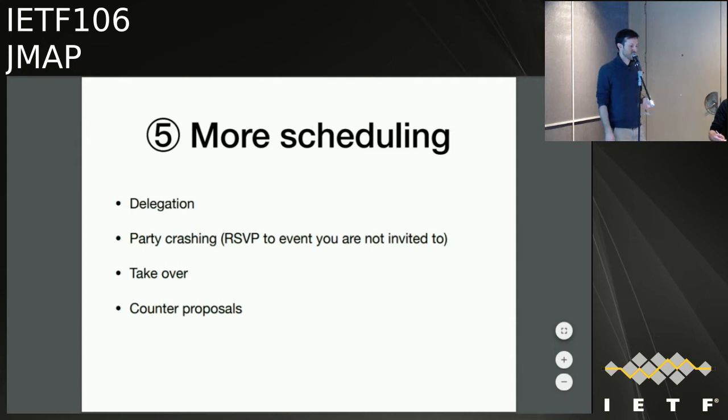It doesn't require much for server support, but there's a little bit, so I thought I should probably document that. Similarly, party crashing: should the server allow you to RSVP to an event you've not been invited to, and just add you as a participant. Again, it's defined in iTIP, but whether the servers will accept your RSVP, of course, you don't know.